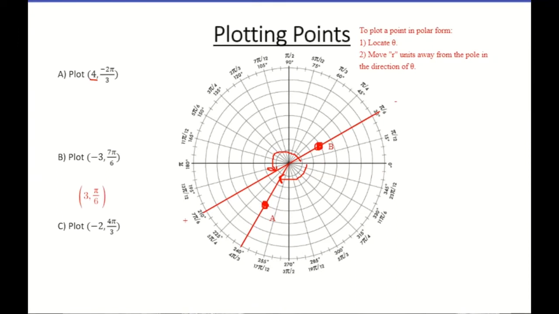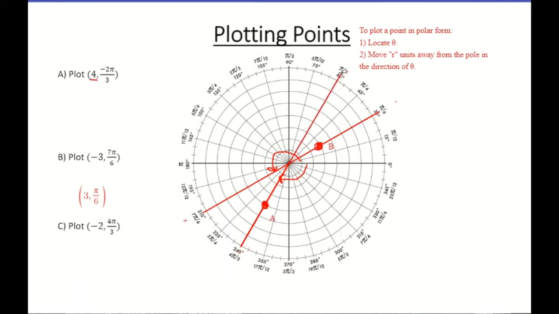Let's look at C now. For C, we have a negative 2 as our r value, and our theta value is 4 pi over 3. So first, we want to find theta, which is 4 pi over 3. And since I'm noticing that the r value is negative, instead of just noting where 4 pi over 3 is, I'm also going to continue the line all the way in the negative direction.